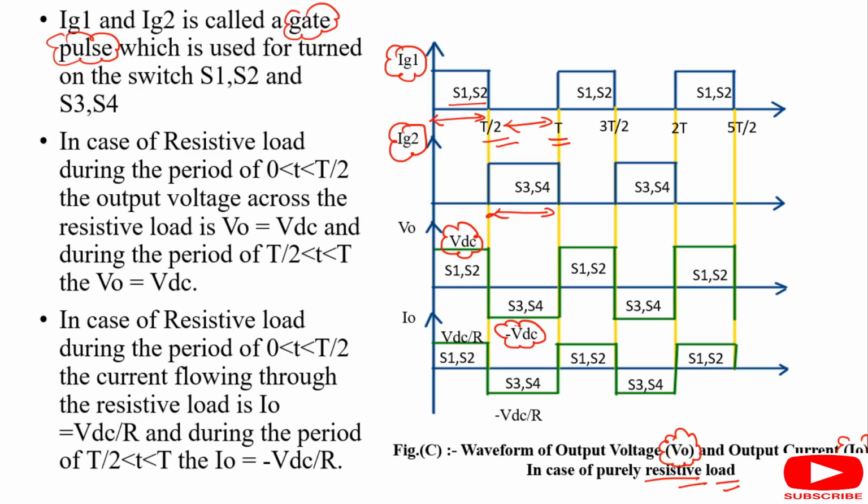So when we divide the magnitude of the output voltage by R, we get the magnitude of the output current, that is VDC by R for the time period of 0 to T by 2, during the switching operation of S1 and S2, and for the time period of T by 2 to T, the magnitude of the output current is minus VDC by R. So in case of purely resistive load, the waveform of the output voltage and the waveform of the output current are the same, but the magnitude of the output current is less as compared to the magnitude of the output voltage.